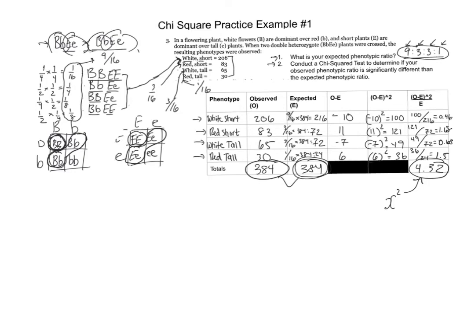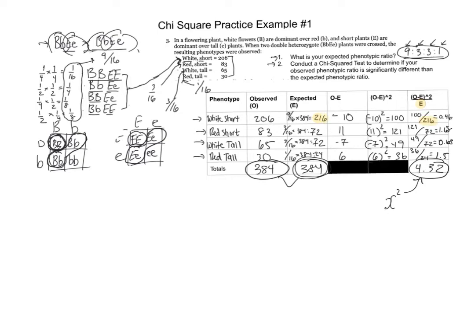Just want to highlight real quick, it's important that, especially when you get to this last column, that you're dividing with the correct value, right? So you're taking this observed minus expected squared value and you're dividing it by the specific expected value for that row. All right, so for this first row, the expected value was 216.